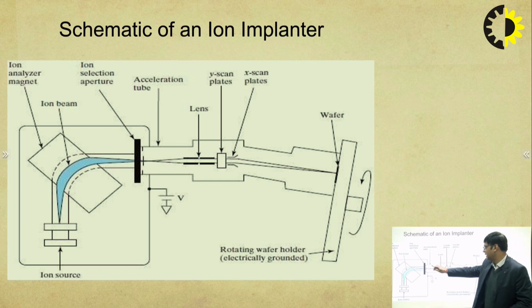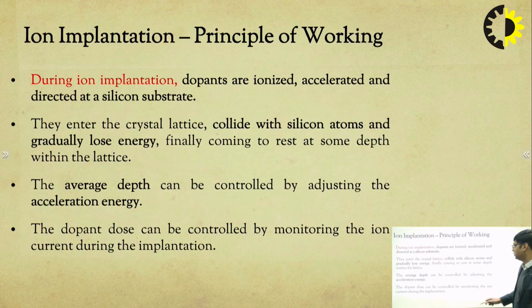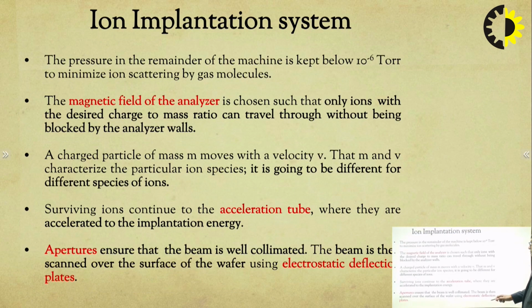There they are accelerated to the implantation energy, meaning the desired energy that is required for dopants to penetrate a particular depth in a wafer is provided in the acceleration tube. And we also use apertures. Apertures are used to ensure that the beam is well collimated.